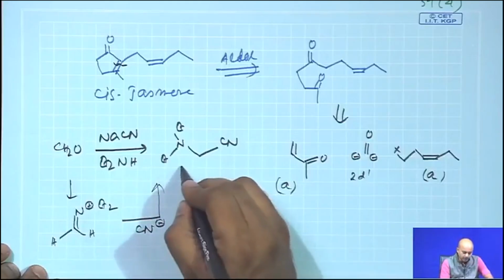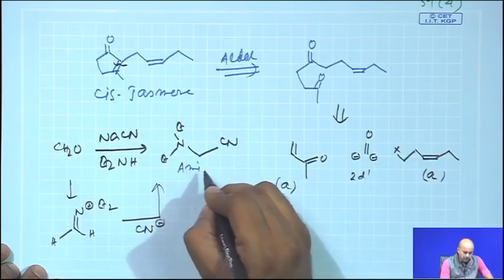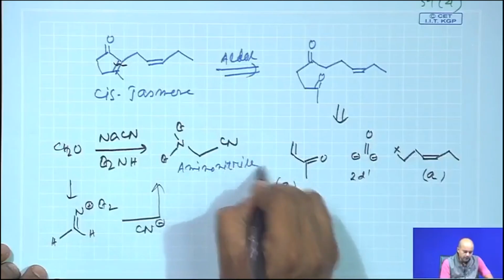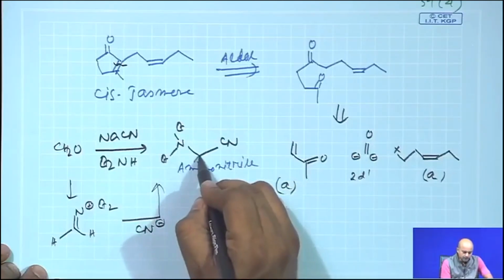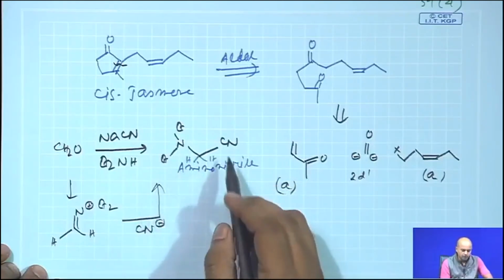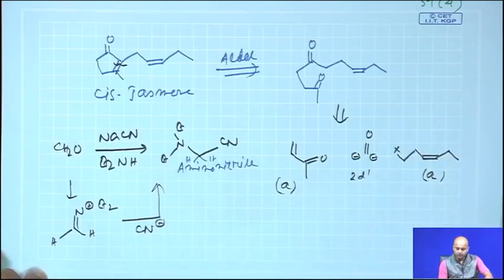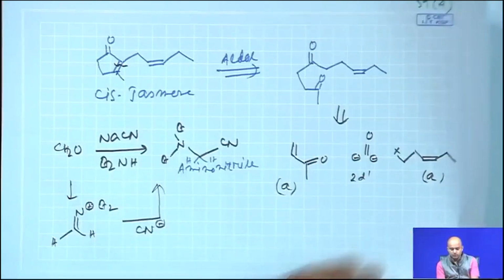Now, this aminonitrile is also acting as a D1 synthon. How? The hydrogens attached to it are extremely acidic because you have a cyano and an electron withdrawing nitrogen containing group.